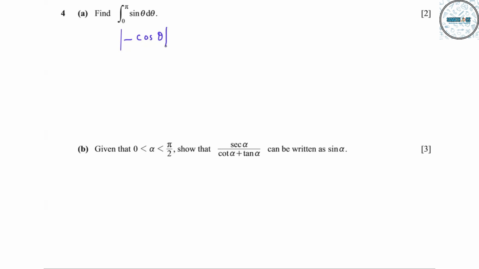And the limits are from pi to 0. So one time we will substitute theta as pi, minus cos pi. Another time we will substitute theta as 0.